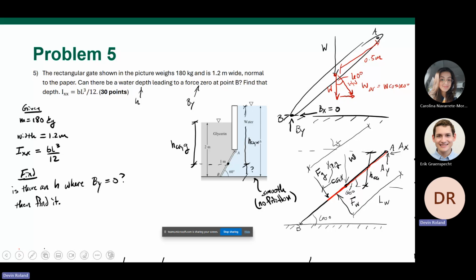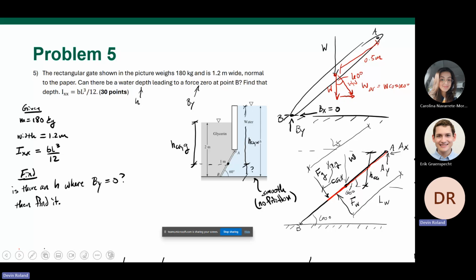A force at B equal to 0 would mean it's like stationary, right? I mean, I guess you could have a force at B, but if you had a force at B, it would show up in that moment summation. It would play a role. But since we didn't include it at all in the summation, we're saying, okay, it's 0.